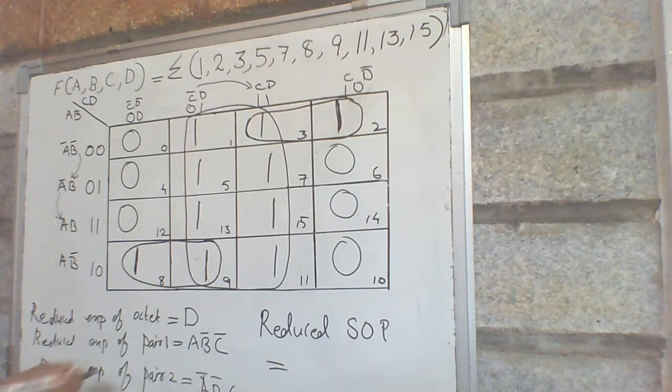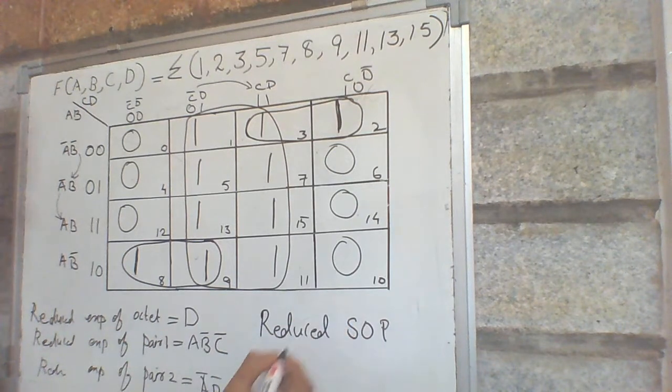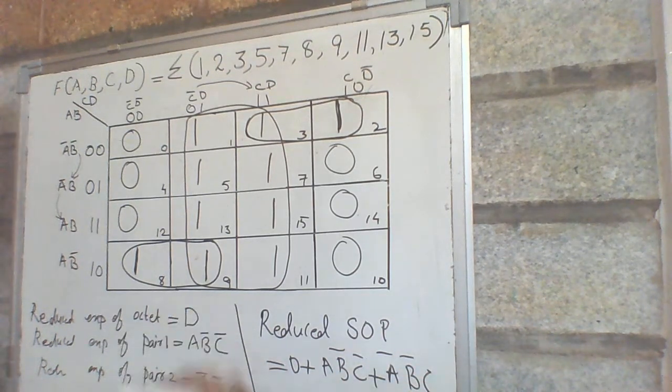So we need to sum all these three terms. Then reduced SOP is equal to D plus A B bar C bar plus A bar B bar C. This is the reduced SOP.